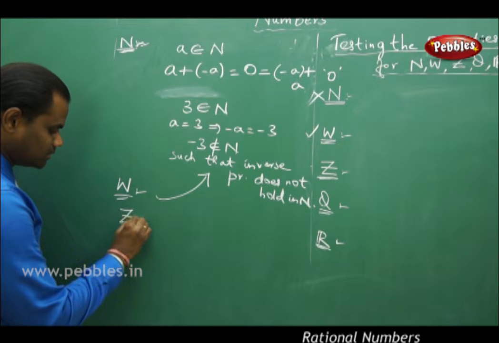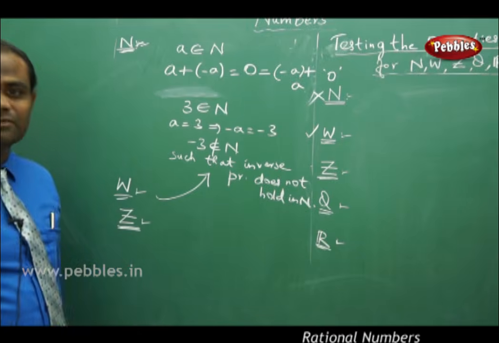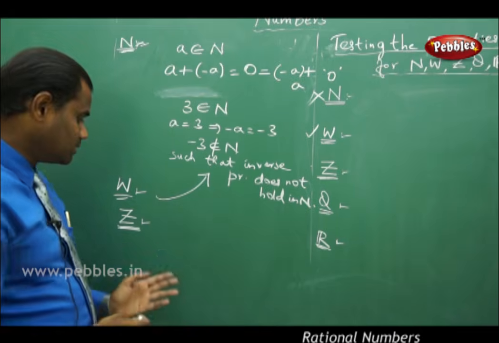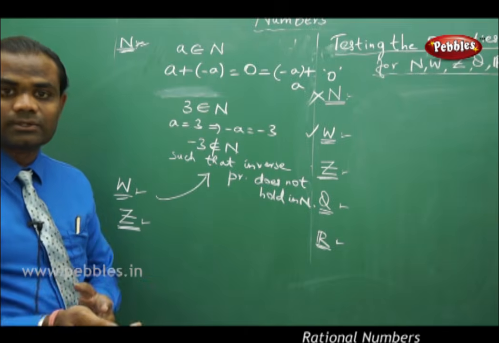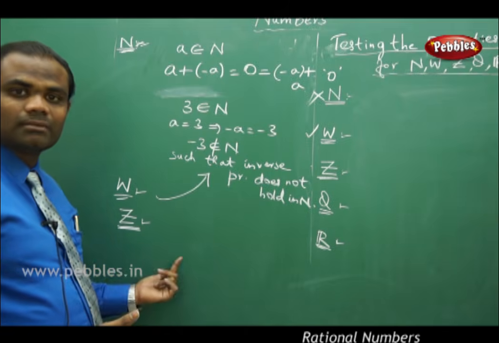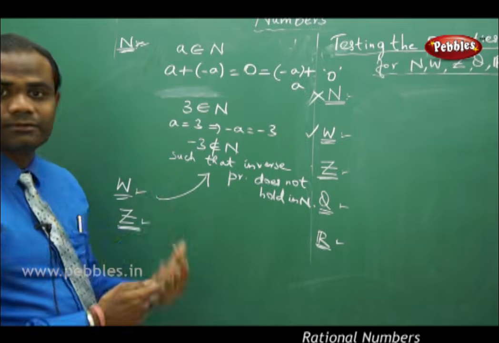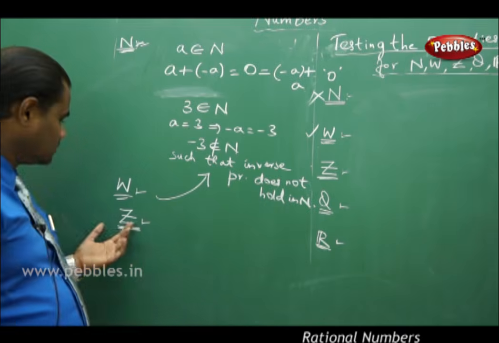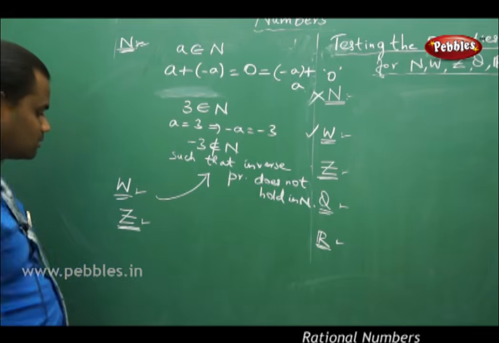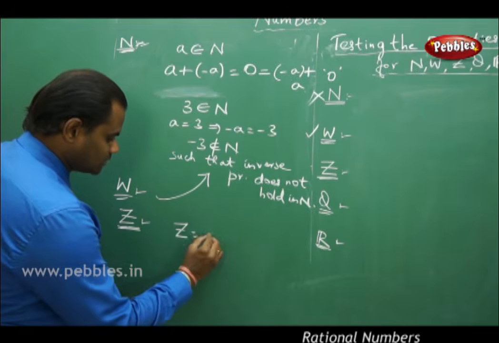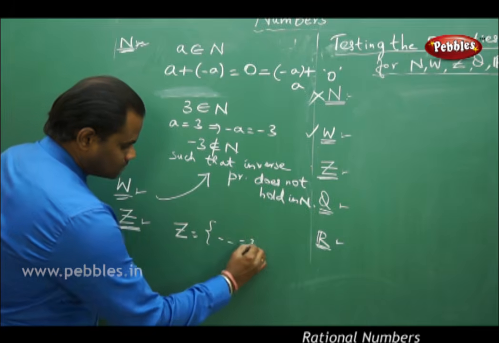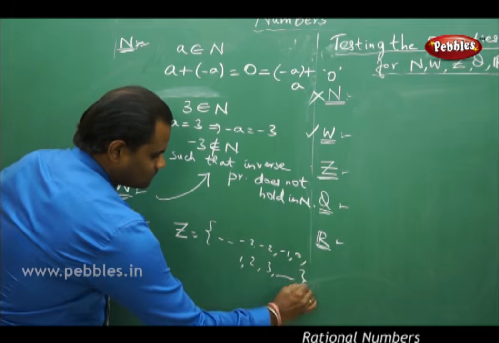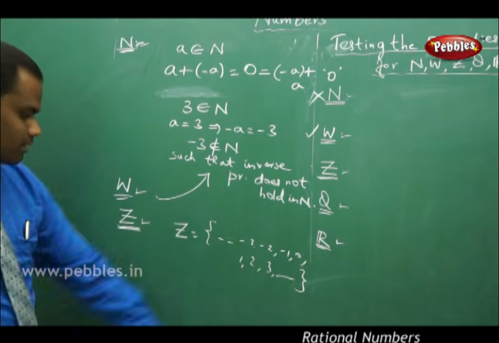But the integers do satisfy the existence of inverse, because in integers you have both the negative numbers and the positive numbers. Therefore you take any negative number and find its additive inverse, you get a positive number, and for any positive number, you get a negative number. So it satisfies for all Z, Z being the set of all integers.